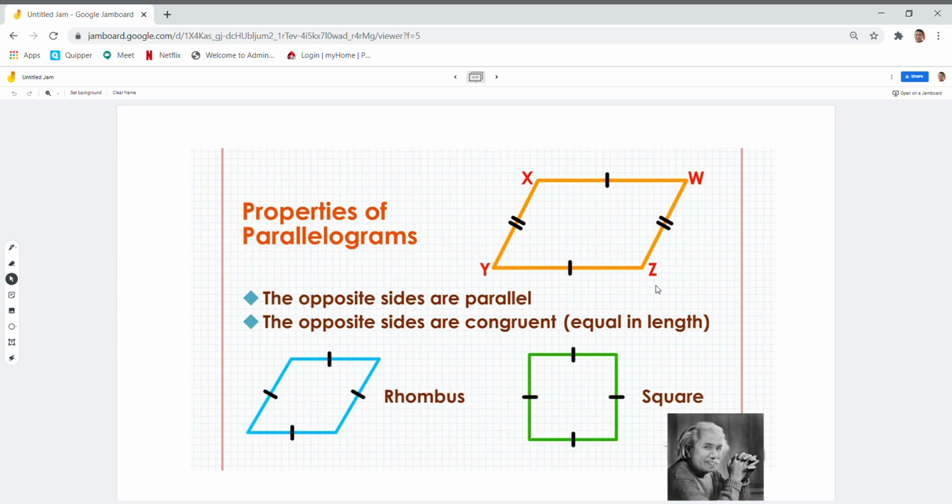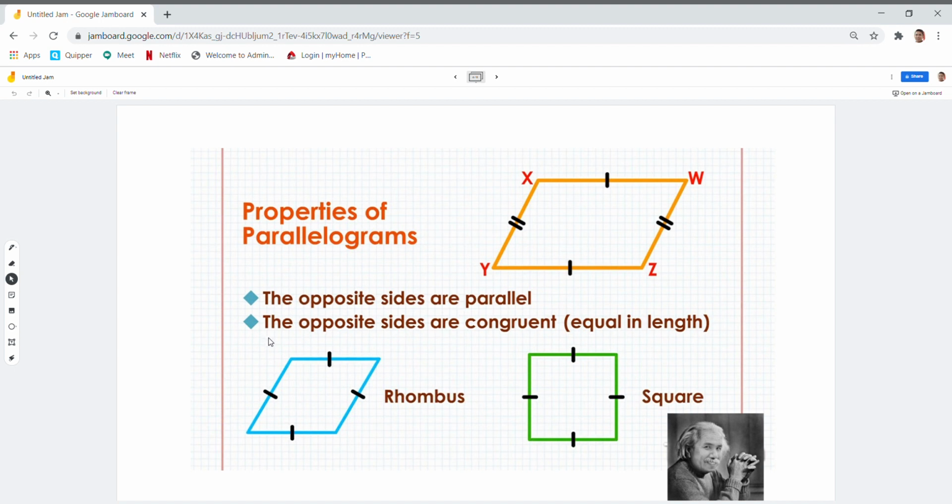You can name it that way. Okay, it says here some properties that are actually repeated. The opposite sides are parallel, as you see. This side here, XW and YZ, are parallel to each other, and the sides XY and WZ are parallel also to each other. So that's one proof that it's really a parallelogram.